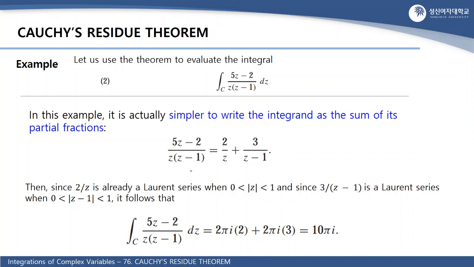In other words, this integrand can be modified into this: the sum of its partial fractions, 2 over z plus 3 over (z minus 1). If you want to check whether this equality holds or not, just compute both sides and then compare them.